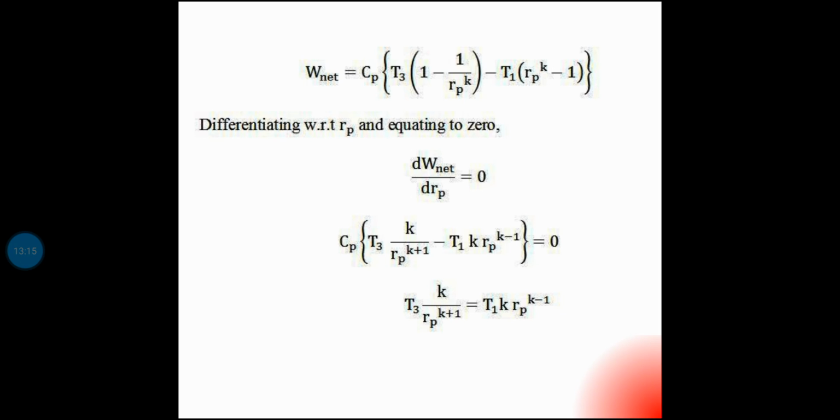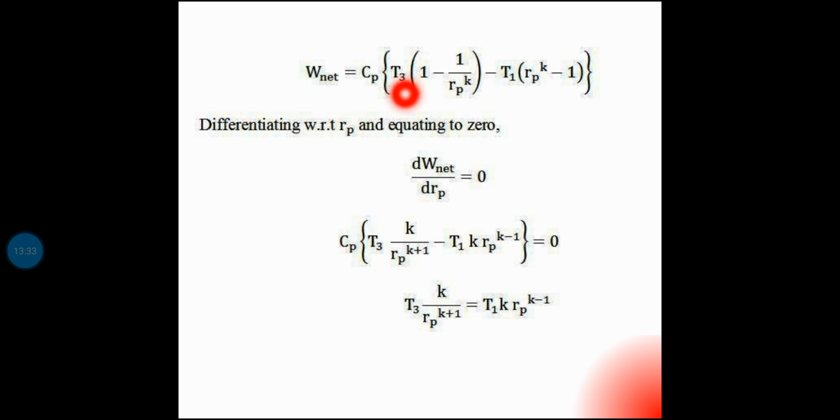Now differentiating this equation with respect to Rp and equating to 0, to find the pressure ratio corresponding to maximum work output.